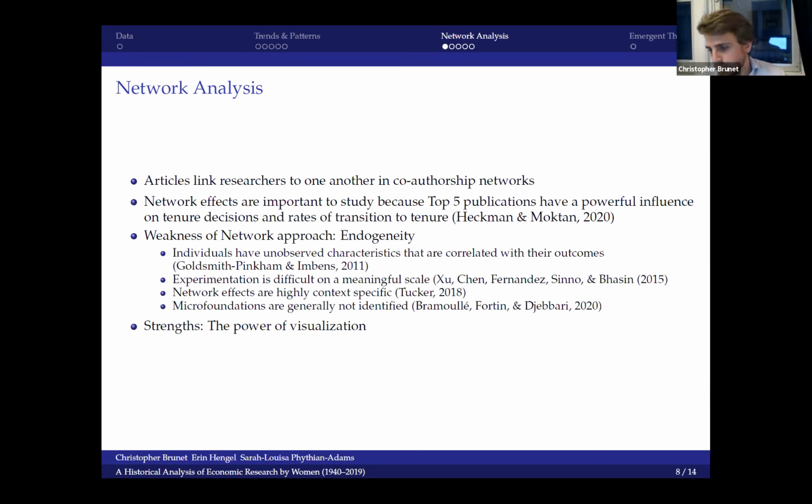Networks get messy really fast if you're trying to say anything definitive, especially about statistical discrimination. We have some bullet points there, if you would like to read them, about the reasons why endogeneity is such a problem. While that may be a weakness, the greatest strength of networks, in our opinion, is simply the power of visualization. They can be turned into beautiful artwork that can tell the story. And that brings me to my next slide.